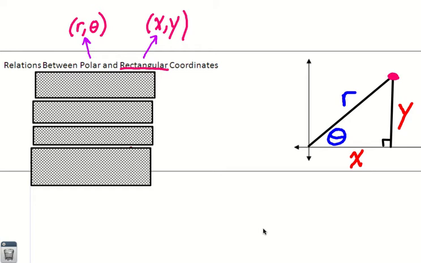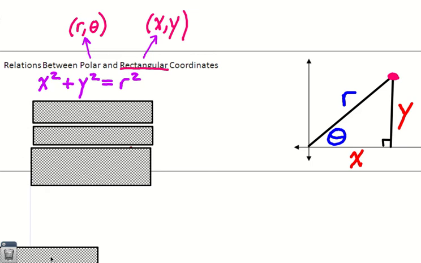Time to state the obvious here. We have a triangle. And having learned so much about right triangles, in Unit 1 in particular, we can come up with some relationships between r and theta and x and y.